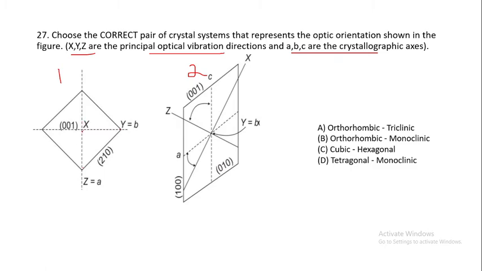This is only possible for cubic, or else there is a possibility of orthorhombic, and finally tetragonal. From this simple clue we are inferring that it may be cubic, orthorhombic or tetragonal, that is, X, Y, Z coinciding with the A, B, C of the crystallographic axis.